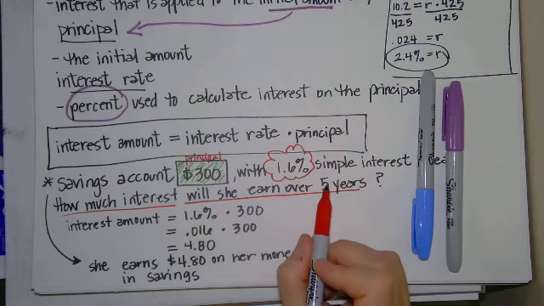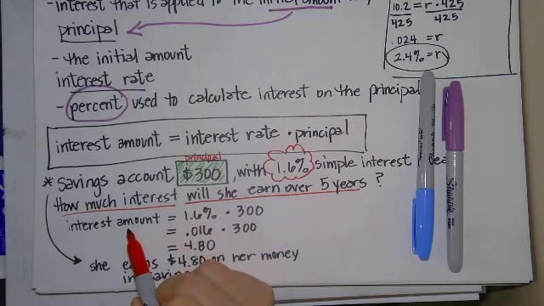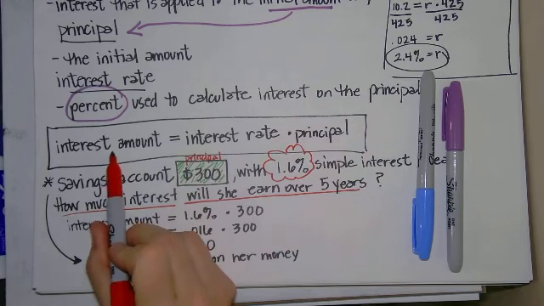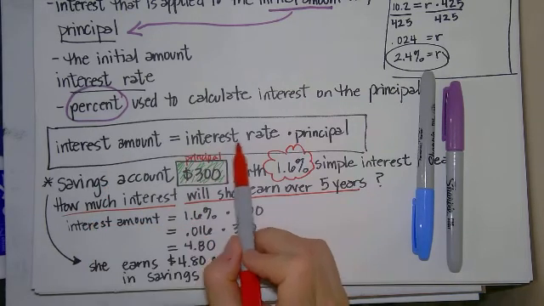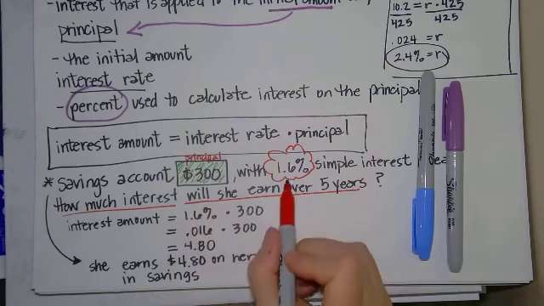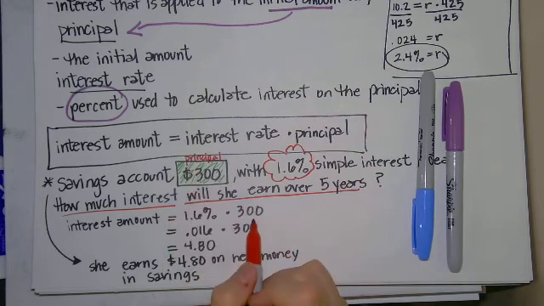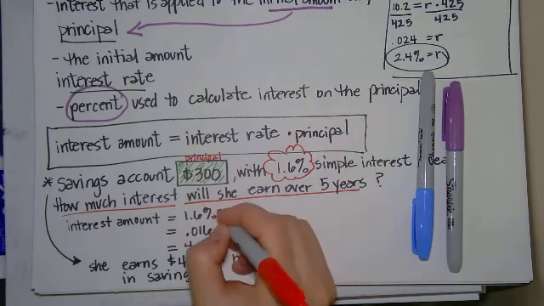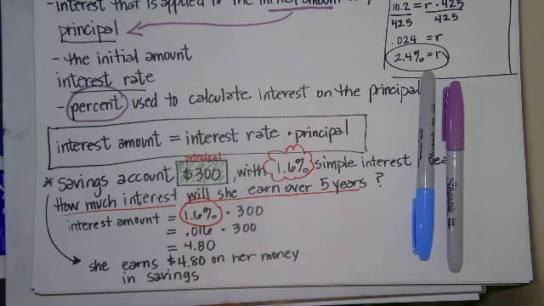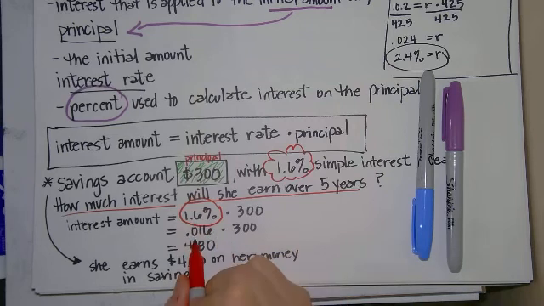To figure out how much you're going to earn over 5 years, you're going to use this formula: the interest amount is equal to the interest rate times the principal. So you're going to take the interest rate, remember that's our 1.6%, times our principal, which is our $300. You cannot work with this percent in percent form. You have to turn it into a decimal.